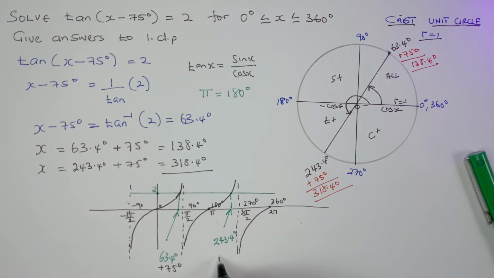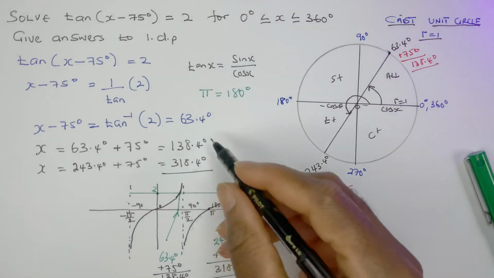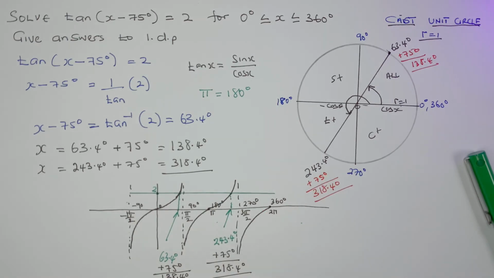This one too will be plus 75 degrees, and that's why you get 318.4 degrees here, and 138.4 degrees here. So those are your solutions. We got the same thing that we got from there.